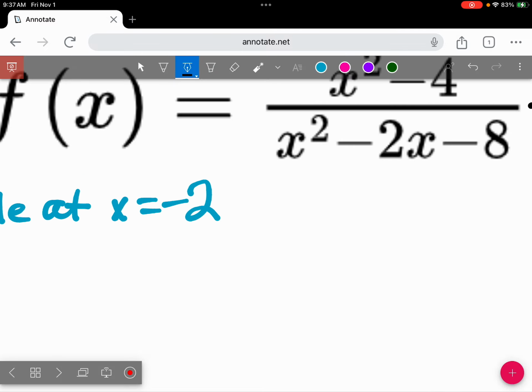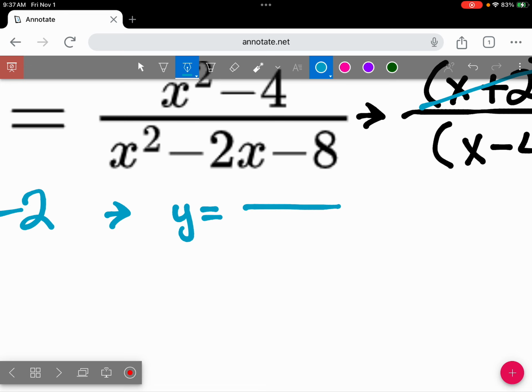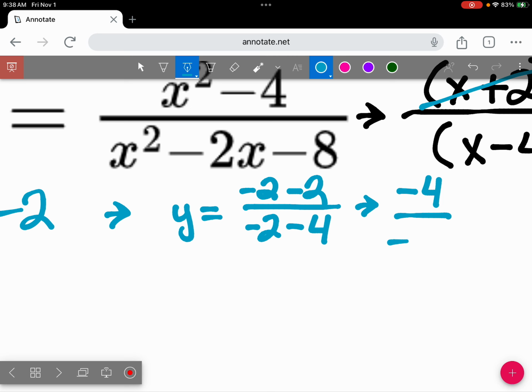So our y is going to be -2 minus 2 over -2 minus 4, which, when we simplify, is -4 over -6.